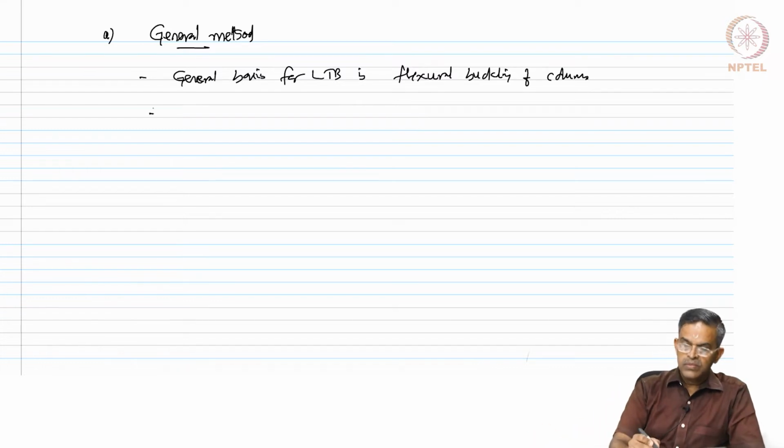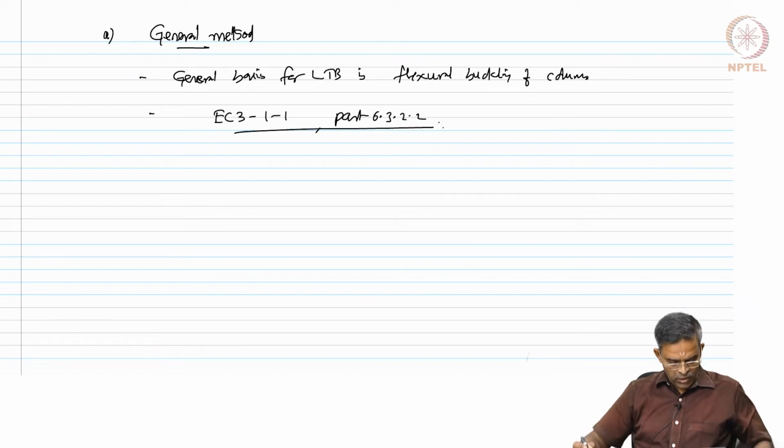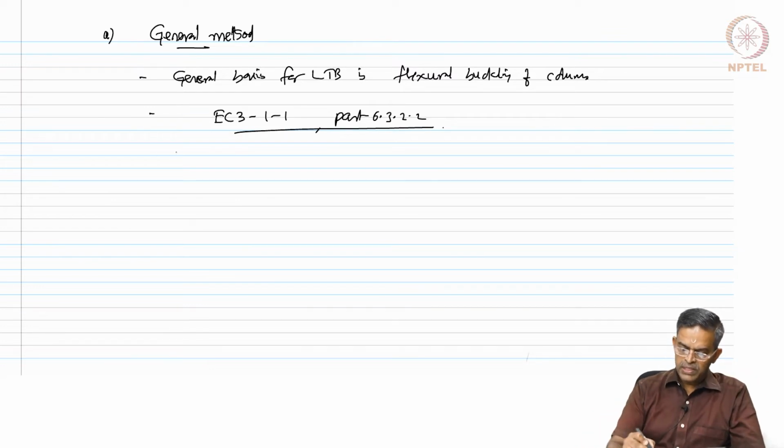Eurocode part 3, 1.1, clause 6.3.2.2 is what we are specifically referring to. This clause gives the buckling factor.